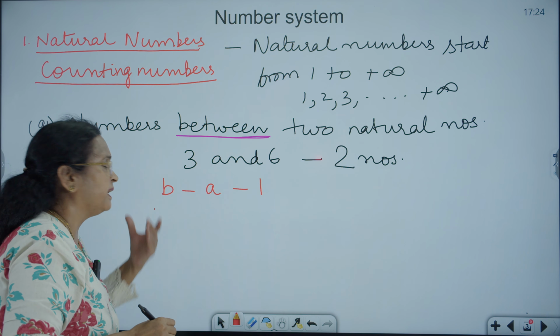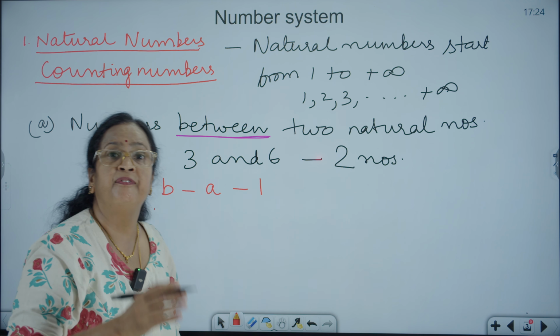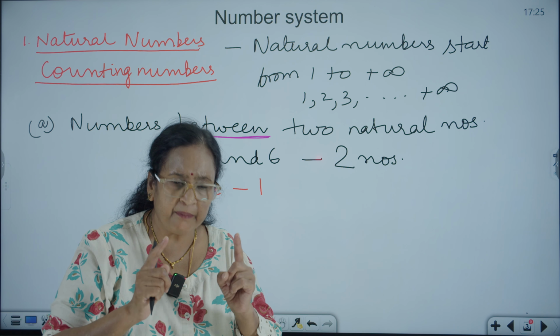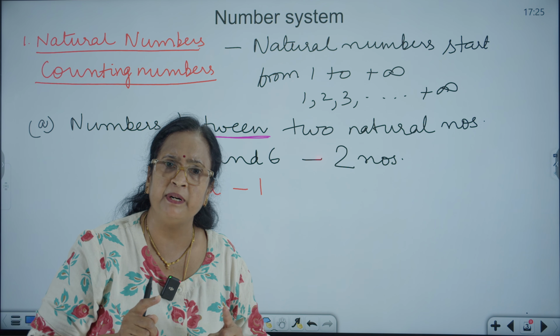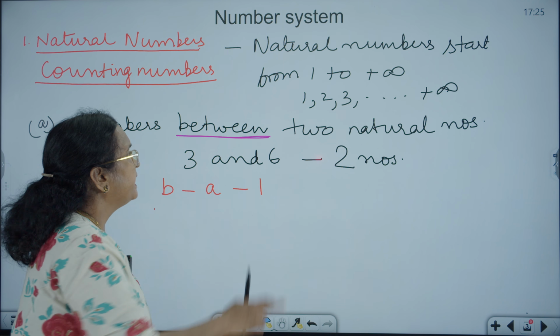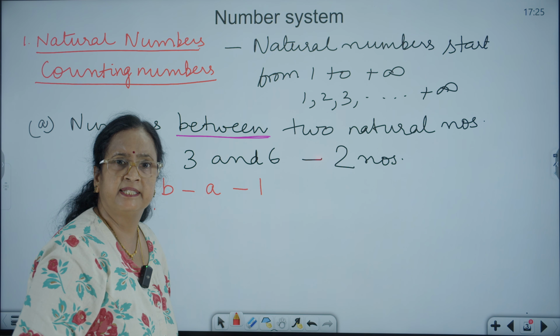What is B? The second number. What is A? The first number. To get the numbers between, we take two numbers. So, B is the second number, A is the first number. The example which we took, A is 3, B is 6.